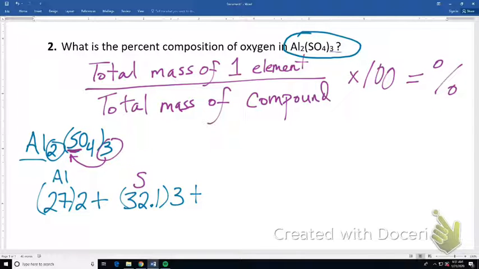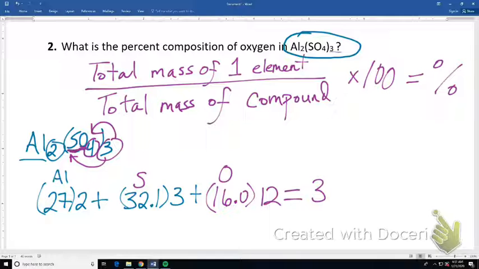Plus oxygen's mass, which is 16. And I see there's 4 in the compound, but I have to also multiply that by 3. So there's 12 oxygens in total. So that's my entire molar mass. And my total is 342.3 grams per mole.